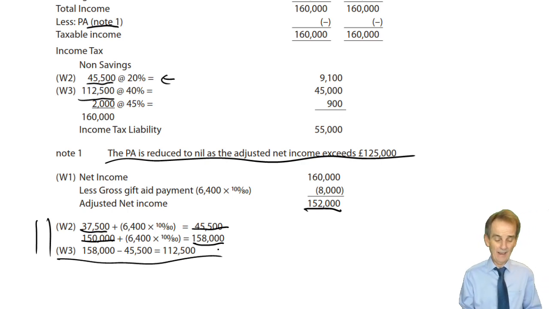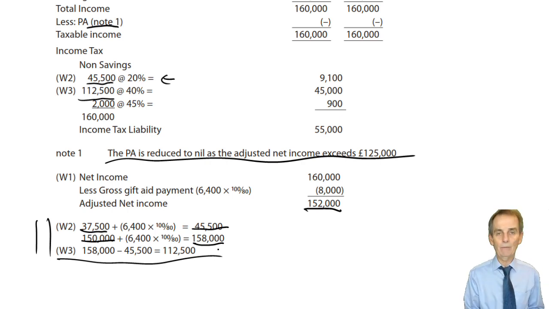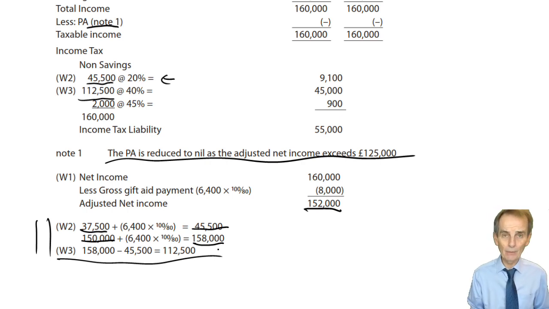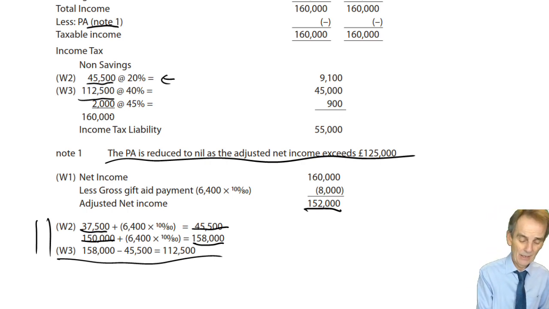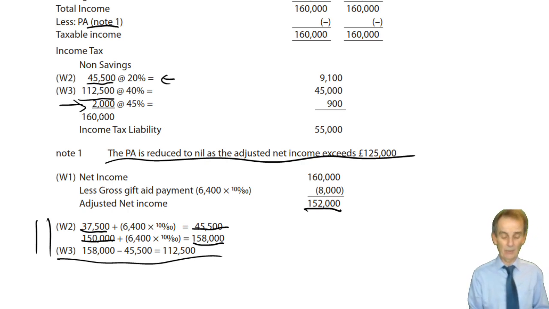But that's always going to be the self-same 112,500, which is the same difference as between 150,000 and 37,500 pounds. Now, we had 160, so we've gone 2,000 above that higher rate band limit. So that 2,000 is going to be taxed at 45% to derive our income tax liability.